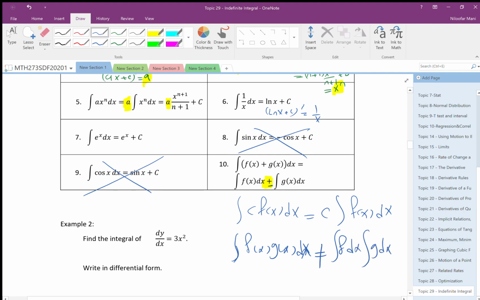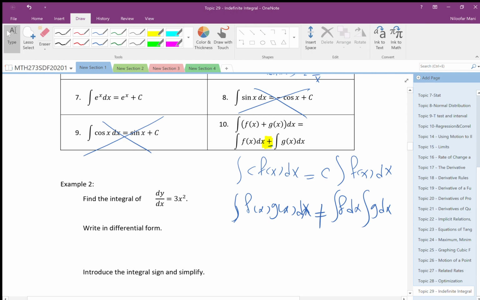No. It doesn't work that way. If I have the integral of f divided by g, it's not the integral of the top divided by the integral of the bottom. Okay? Here I didn't include x, but we all know it's with respect to x.